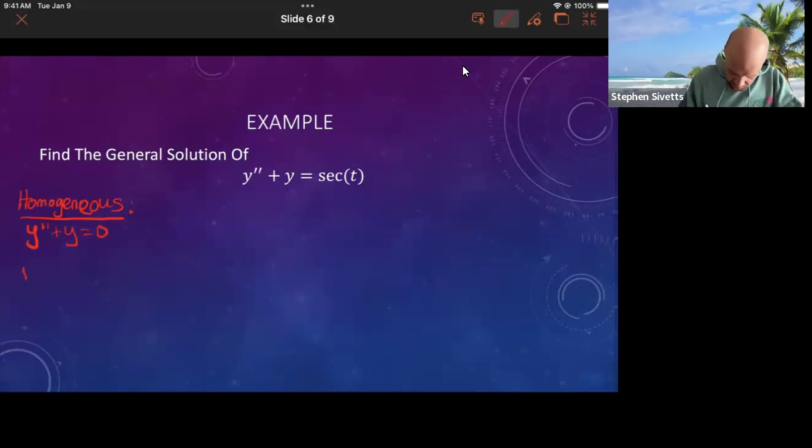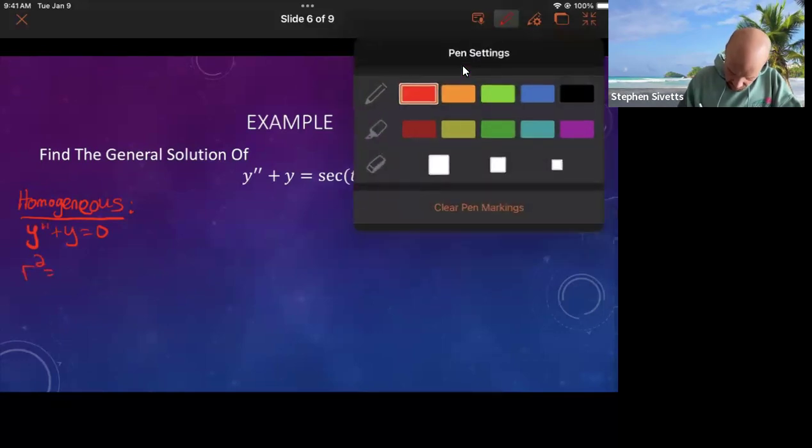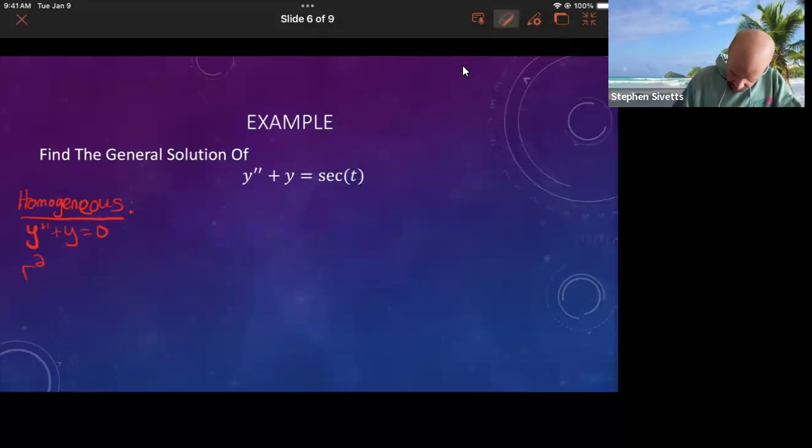Then the characteristic equation would be r squared plus 1 is 0, and so r is equal to plus or minus i.